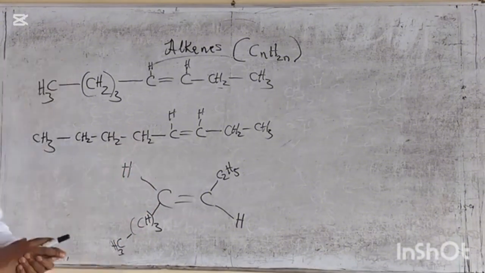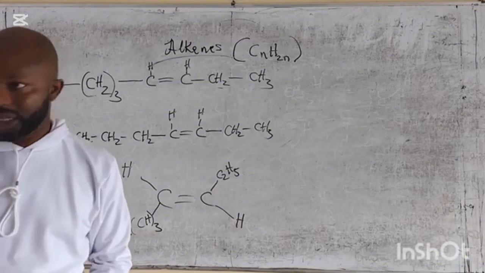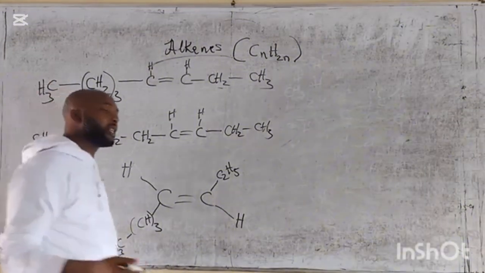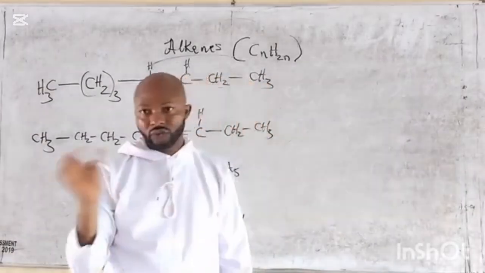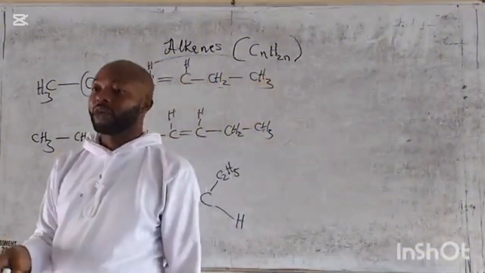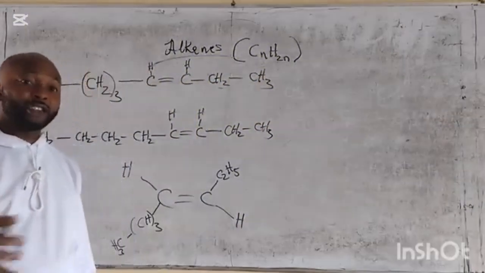Now, having said that about this, we now look at what we call optical activity. Optical activity is the ability of a compound to rotate plane polarized light in a dextro manner, to the right. We call it dextrorotatory.